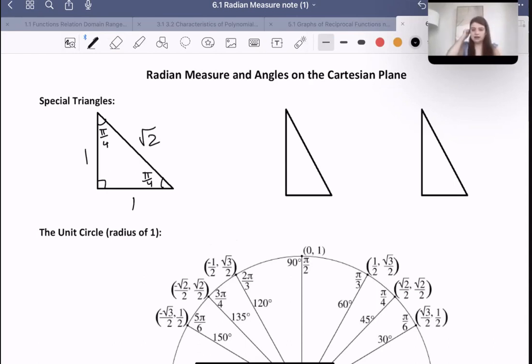Our second special triangle is pi over 6 over here, pi over 3 there, and then a right angle right there. Or the other way we could word this is we could have root 3, 1, and 2.